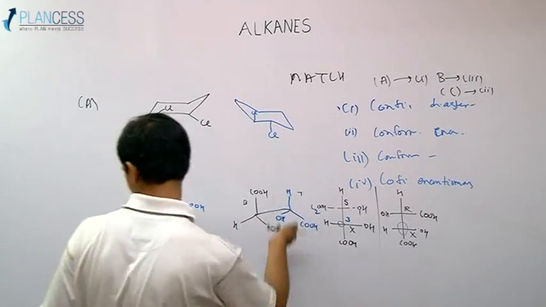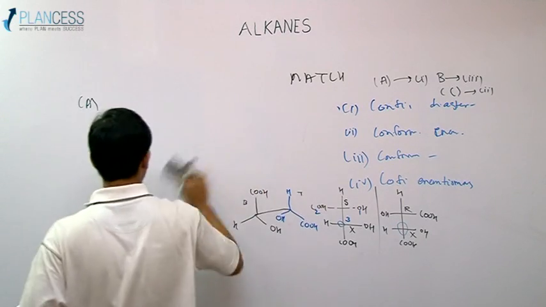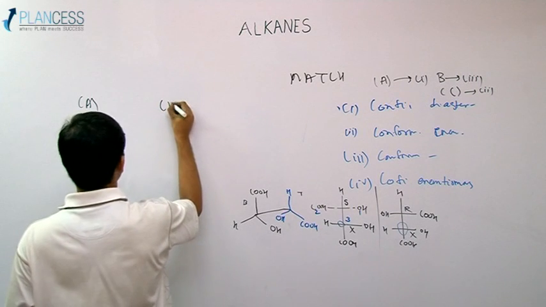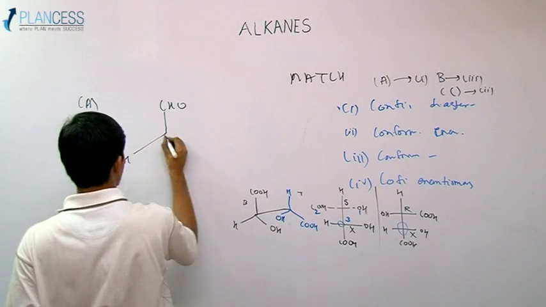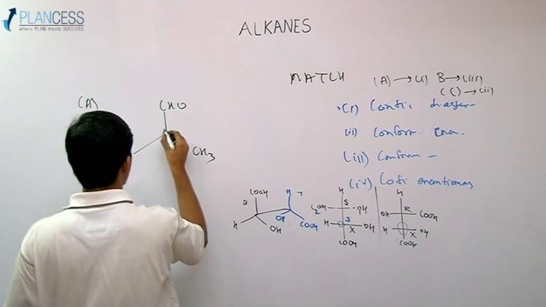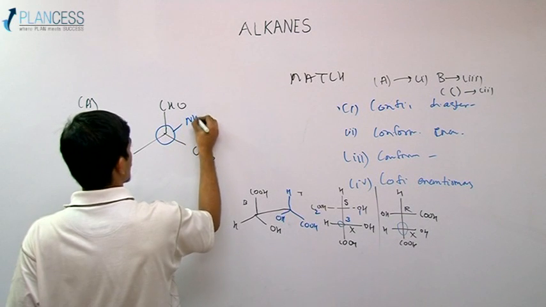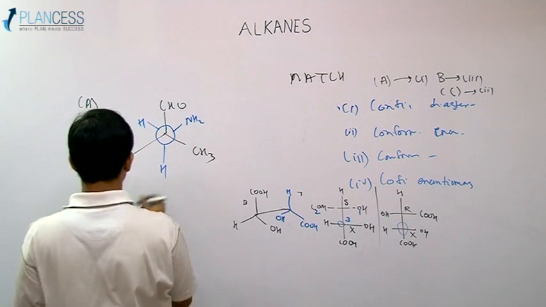Let's see the final question in this match the following. That is a Newman projection, which has CHO on the front carbon, H, CH3. Then on the back carbon we have NH2, H, and another hydrogen.